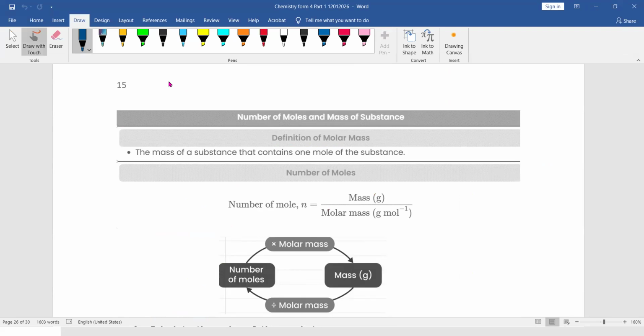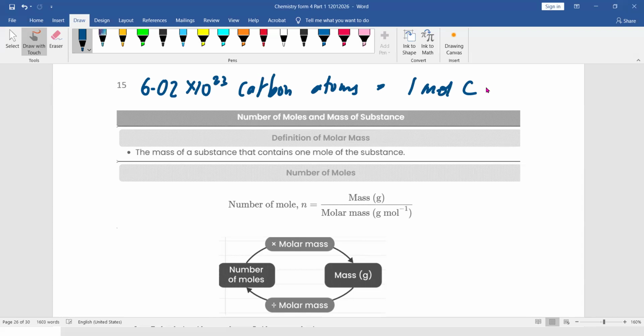Now, I calculate 6.02 times 10 to the power 23 carbon atoms. That is equivalent to 1 mole of carbon. Right? Correct? Until now, it still has no unit. It still has no unit, no meaning, nothing.